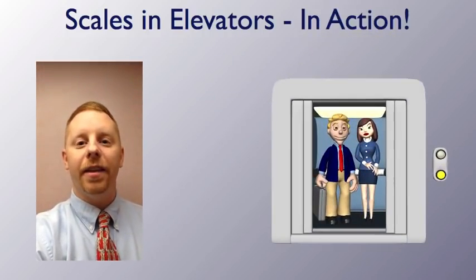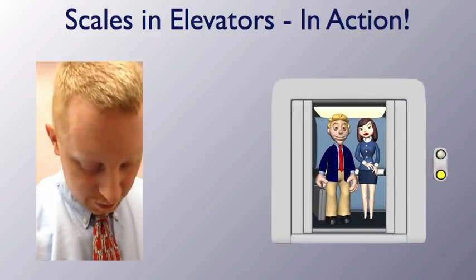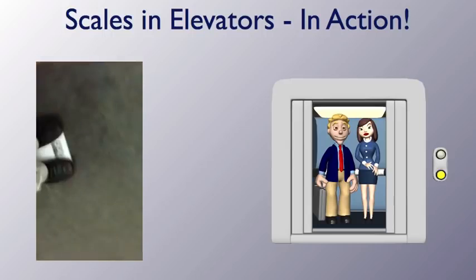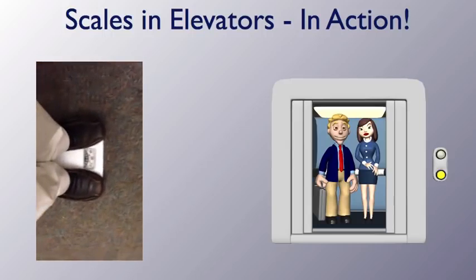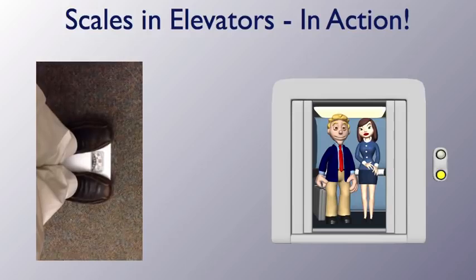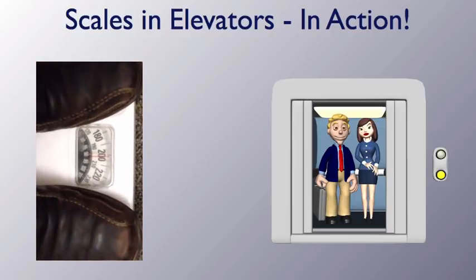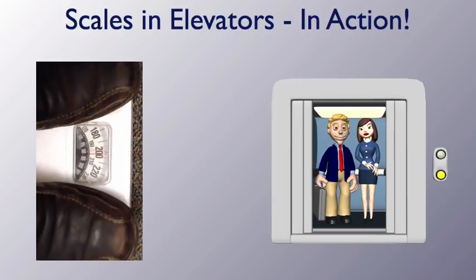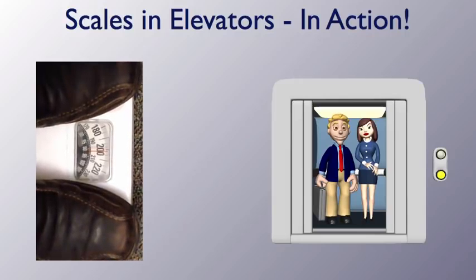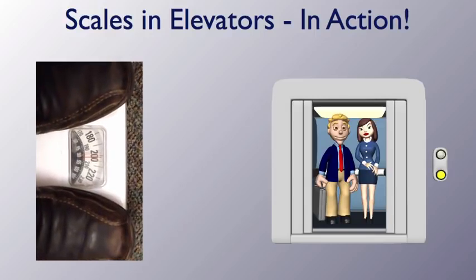All right, so I'm in the elevator. I'm going to stand on the scale, and we should see that the mass of Mr. Fullerton is roughly, let's see if we can zoom in there and get something a little clearer, right around 200 pounds, 93 kilograms or so it says. That sounds about right.